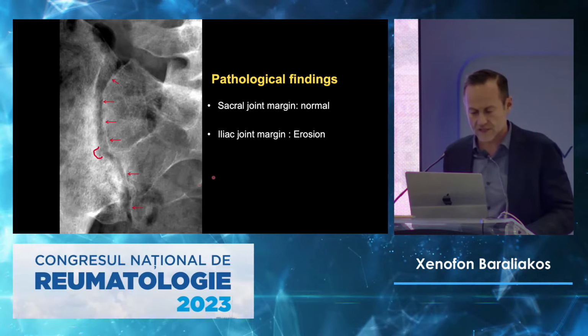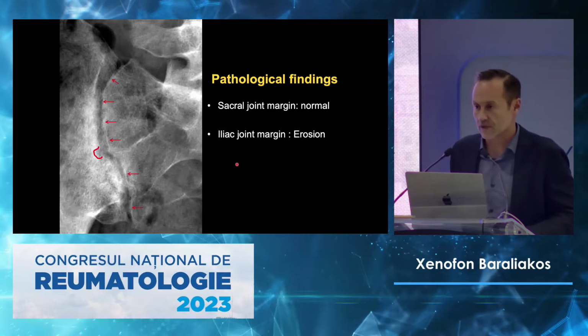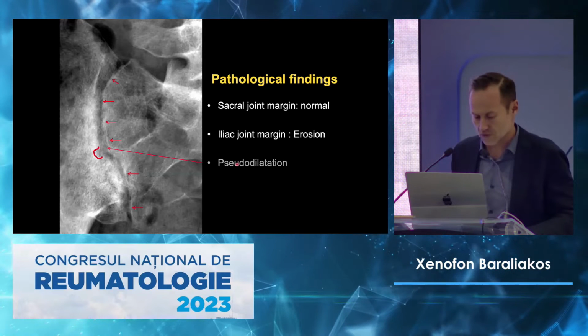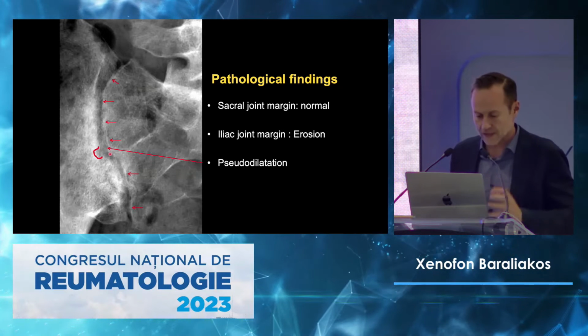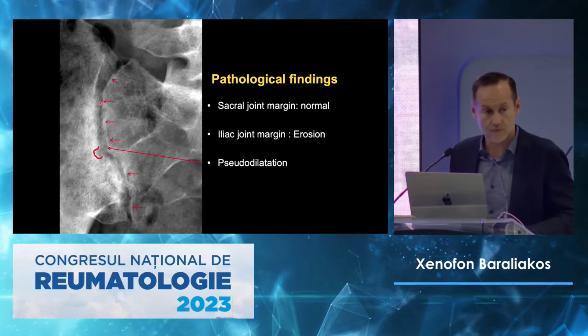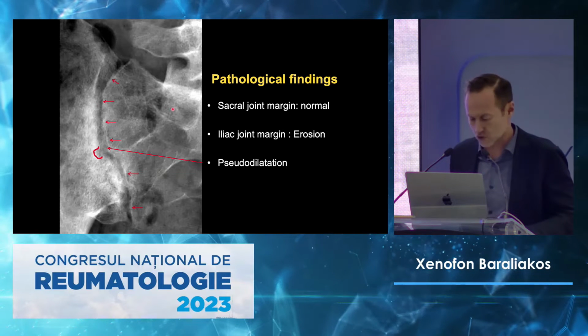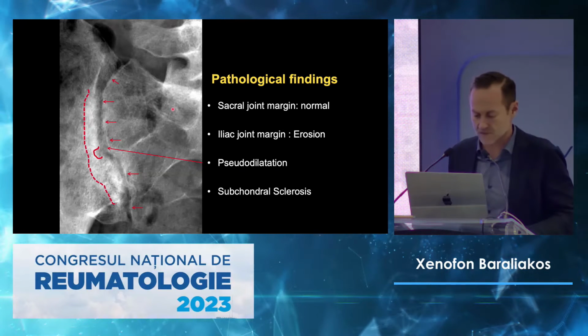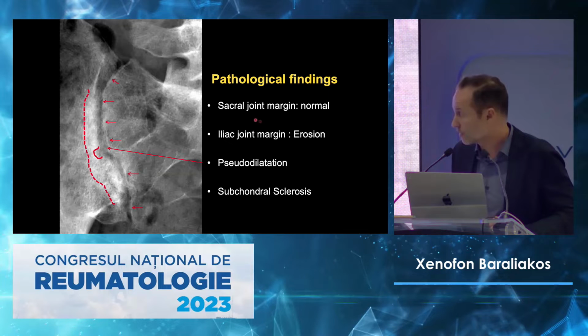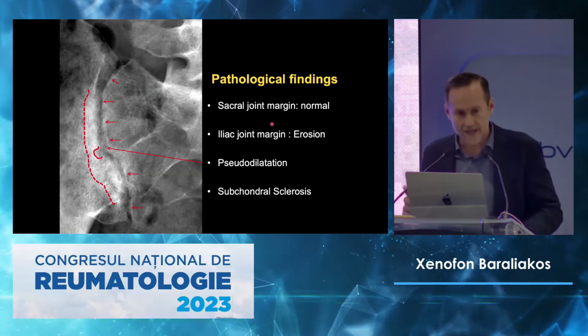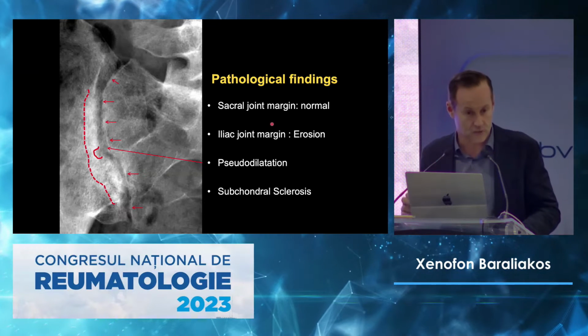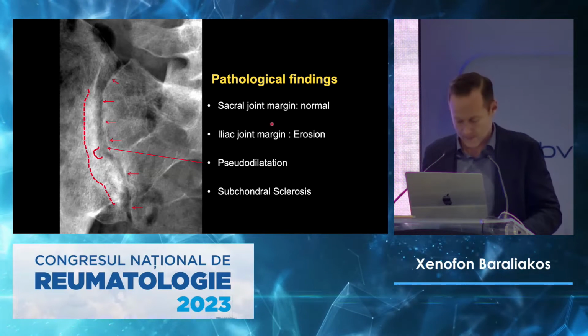So this is the typical marginal eroded joint with the widening or the shortening of the joint width, and of course you have the subchondral sclerosis. So all this is not only an X-ray sign, it's an MRI sign as well.